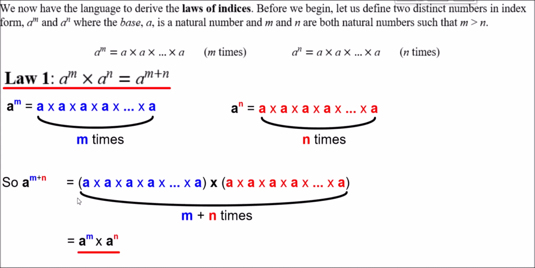And so that's just the same as saying it's a to the power m, which is all of this here, multiplied by a to the power n, which are all these red a's on the right. So we've proven that this bit here is the same as this bit here. In other words, a to the power m multiplied by a to the power n is the same as a to the power of m plus n.